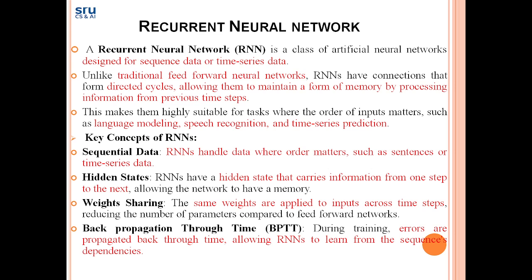The key concept in recurrent neural networks is sequential data. Recurrent neural networks handle data where order matters, such as sentences or time series. Then we have a hidden state that carries information from one step to the next step.